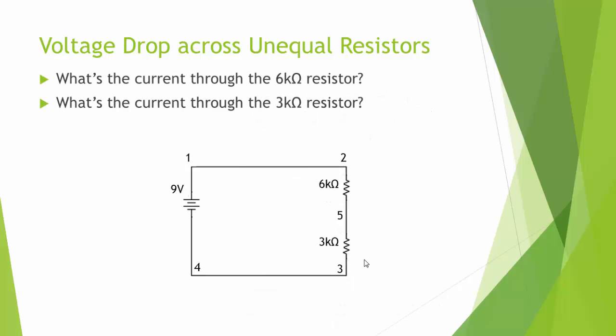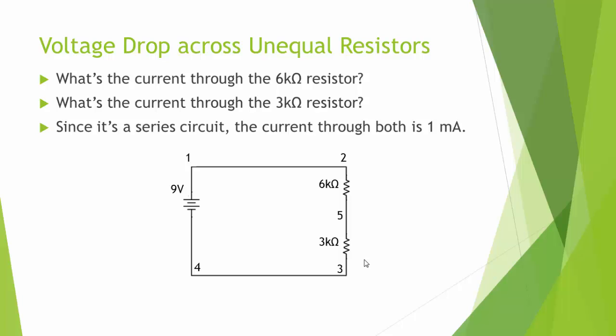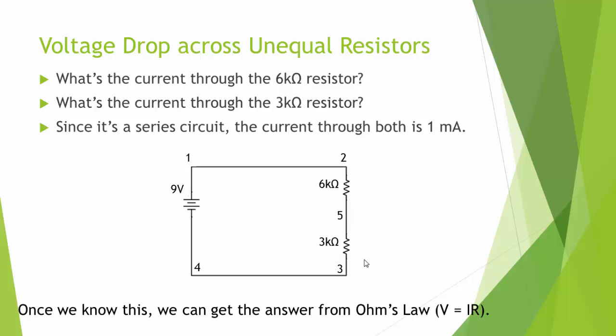So we can look at that from a bunch of different points of view. We know the current through the two of them is equal. We can in fact calculate the voltage drop based on Ohm's law.